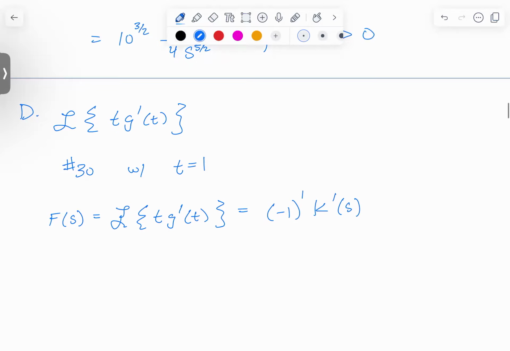Okay, I'm going to call this guy K, because using number 35, it's just the derivative of the Laplace transform.